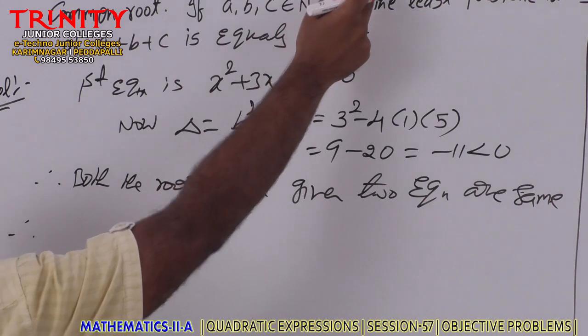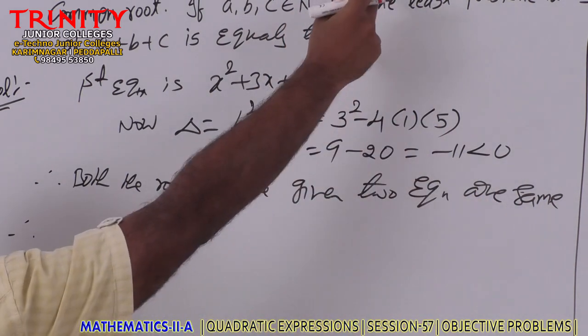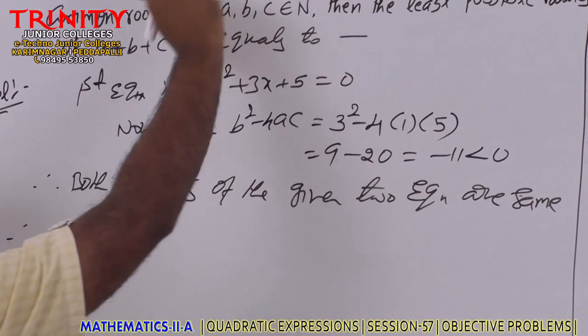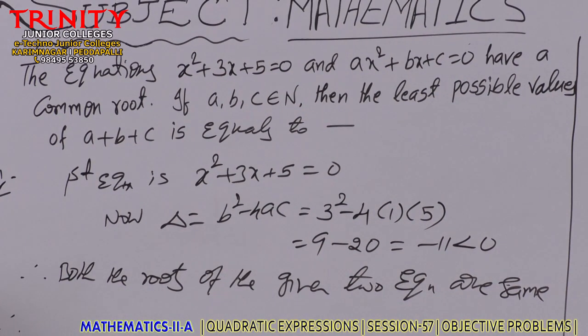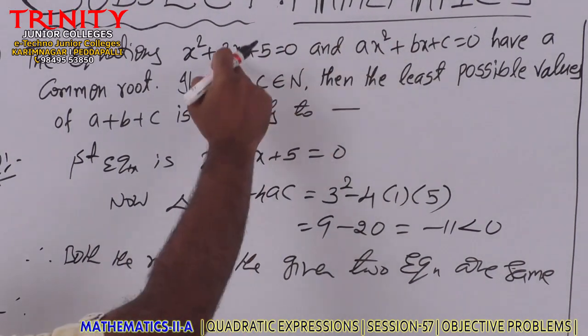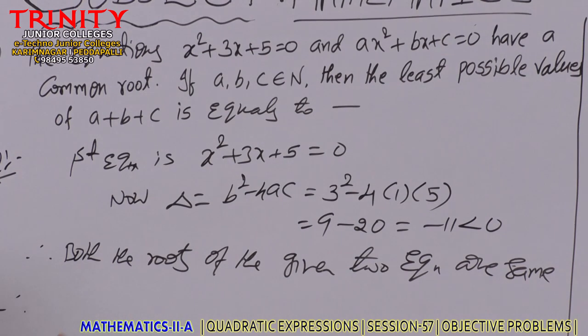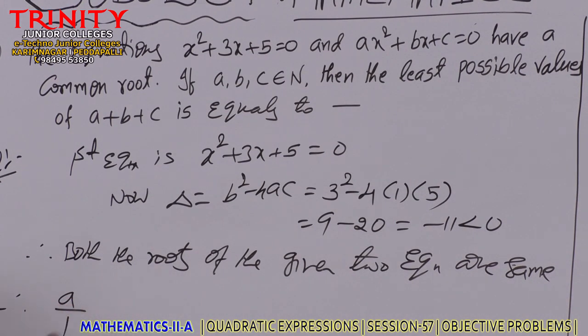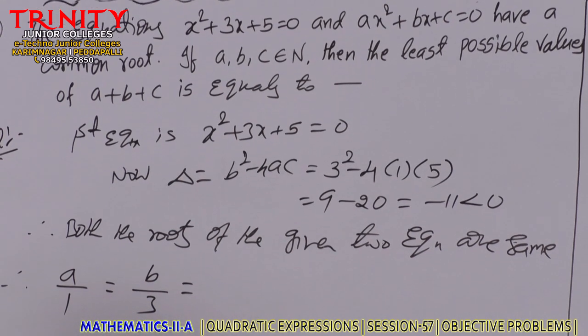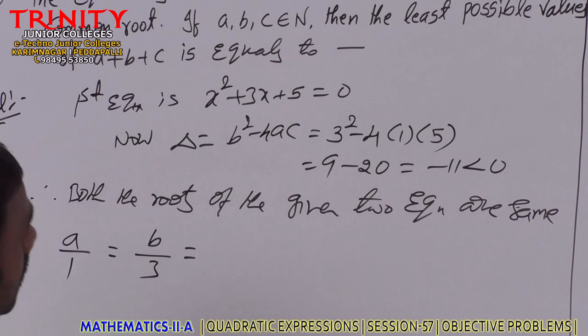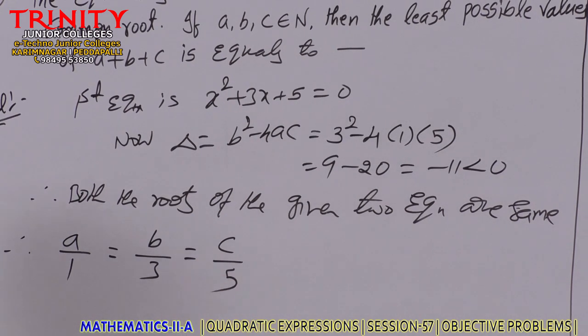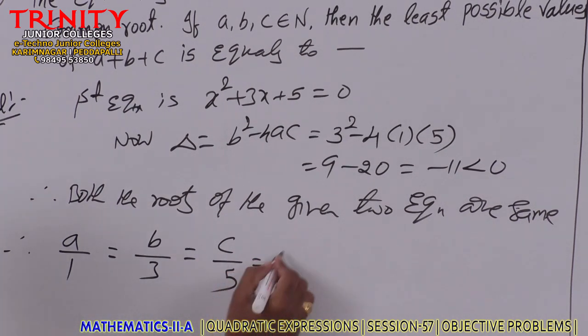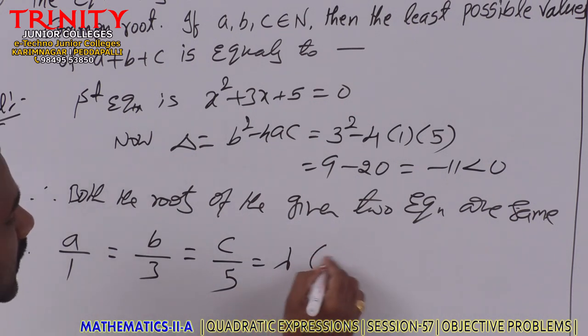Therefore both the roots are same means the ratios of the coefficients, x square coefficient by x square coefficient, x coefficient by x coefficient, constant by constant. a by 1 is equal to b by 3 is equal to, and then the next, constant by constant. These all are equal, is equal to, I am saying, some lambda.